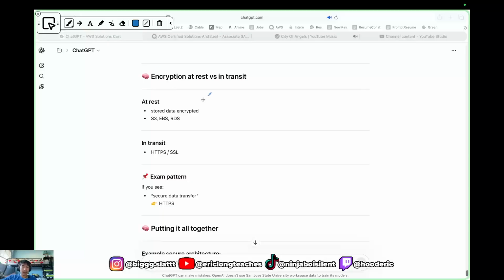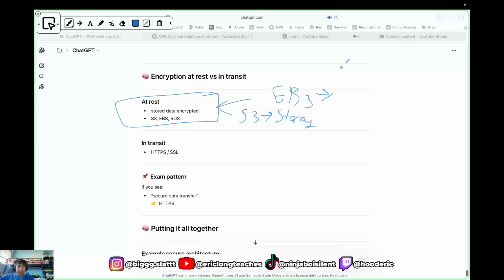So now we've got to go over encryption at rest versus in transit. At rest, it's data stored and data is encrypted, which includes S3, EBS, EC2 storage, and RDS.